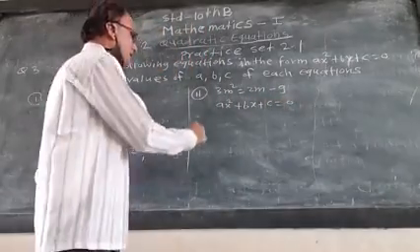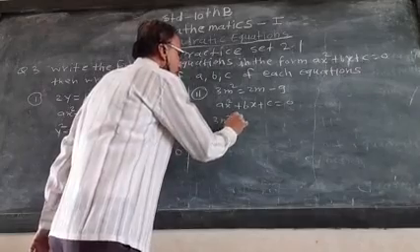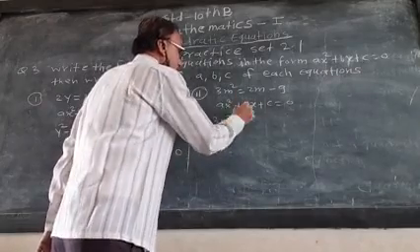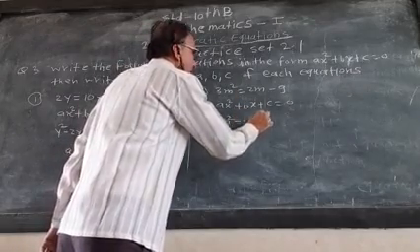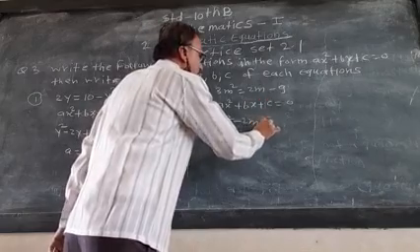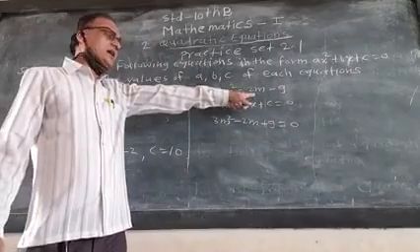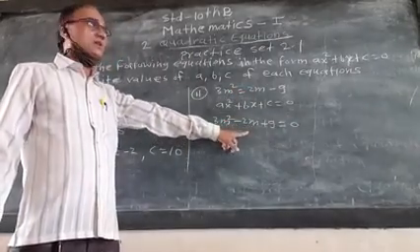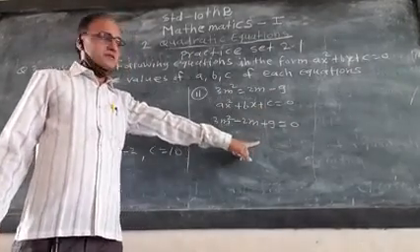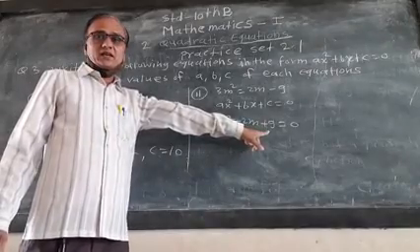Now you see here: 3m square minus 2m plus 9 equals 0. Plus 2m comes to the left as minus 2m, minus 9 comes as plus 9.